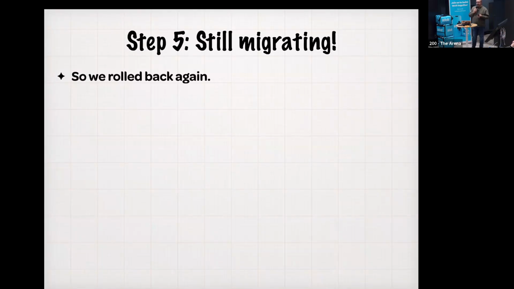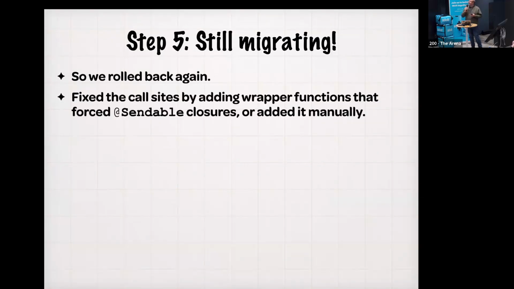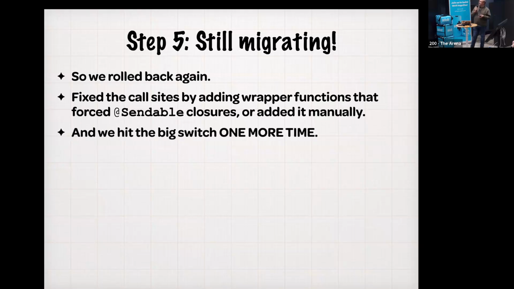We rolled back the change again. Then we fixed the call sites that we'd found. We'd added some wrapper functions that made map and filter sendable properly. And we hit the big switch again. And this time it actually worked.